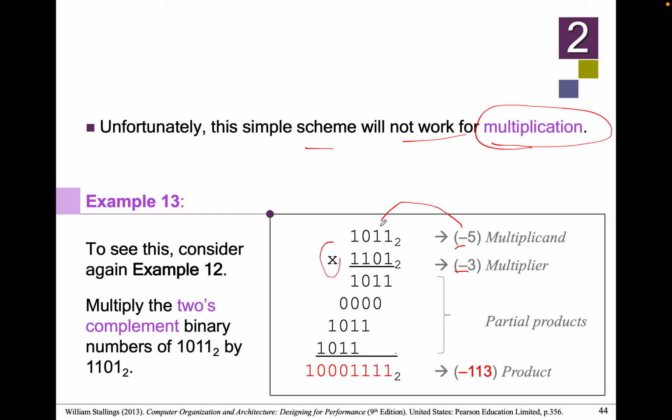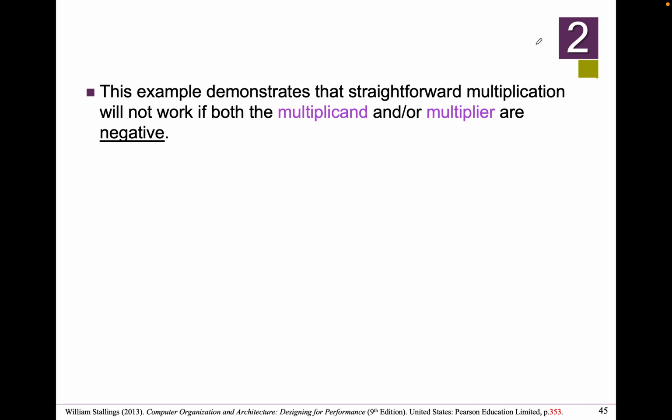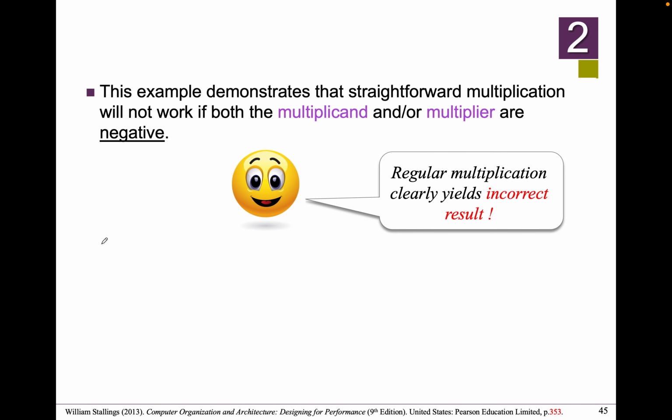Although each of these numbers is in two's complement, when you apply direct multiplication, your answer will be wrong for the product. This example demonstrates that straightforward multiplication will not work if the multiplicand and multiplier are negative.